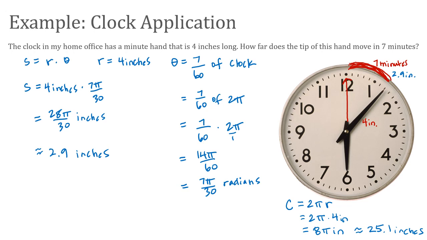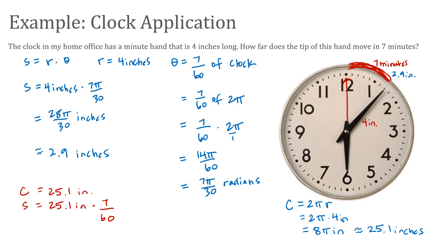But one thing you could have done, if you wanted, is find the whole circumference of the circle. I'm going to move over here because I ran out of space. We know that the whole circumference of the circle is 25.1 inches. If we were only interested in 7 of those minutes, we could say that the arc length is 25.1 inches times only 7/60ths of that space.